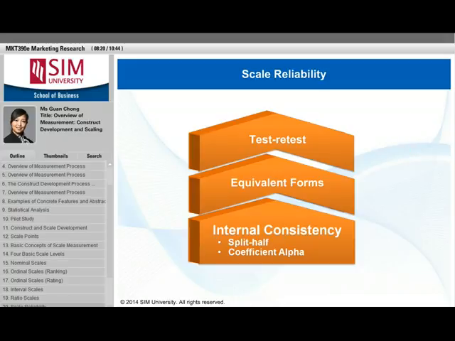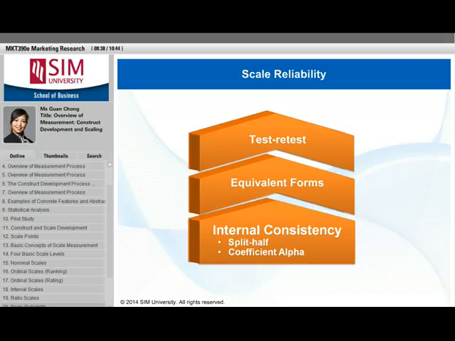Scale reliability refers to the extent to which a scale can reproduce the same measurement results in repeated trials. Two of the techniques that help researchers to assess the reliability of scales are test-retest and equivalent form.